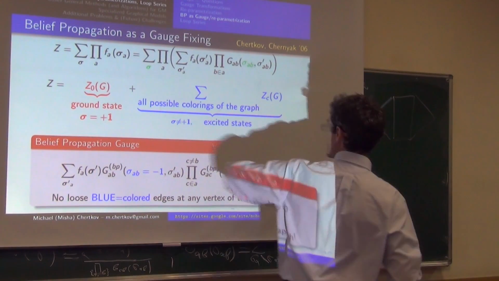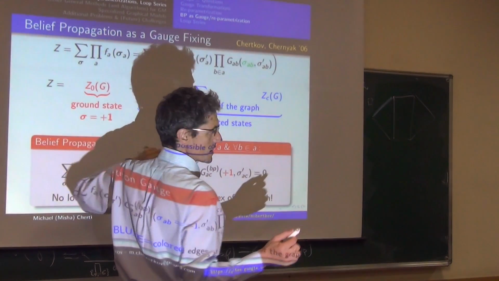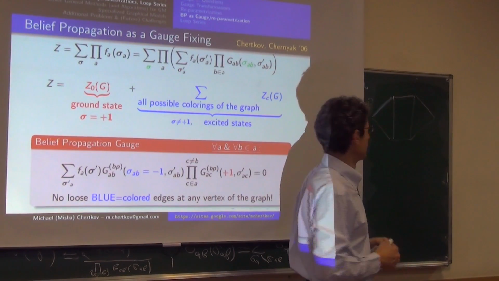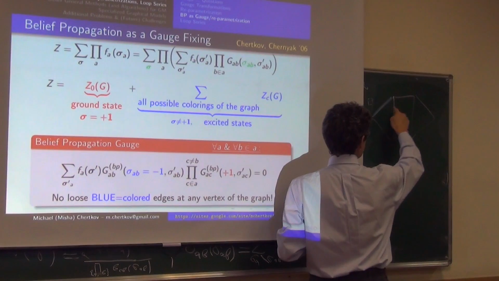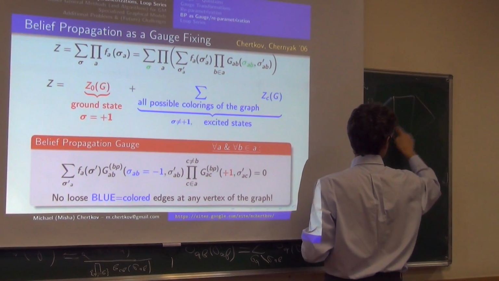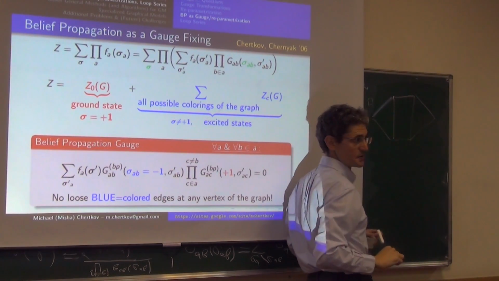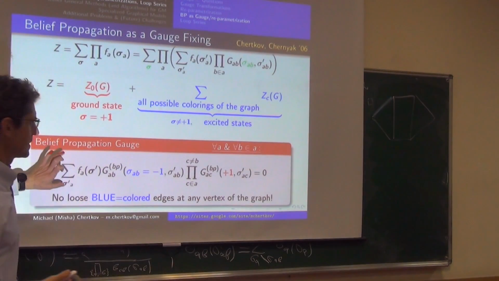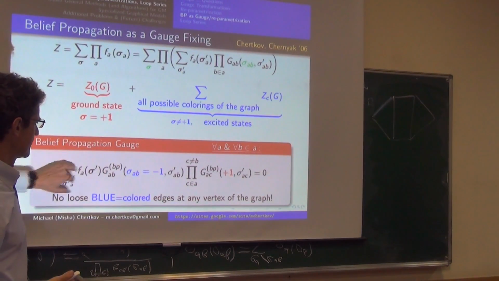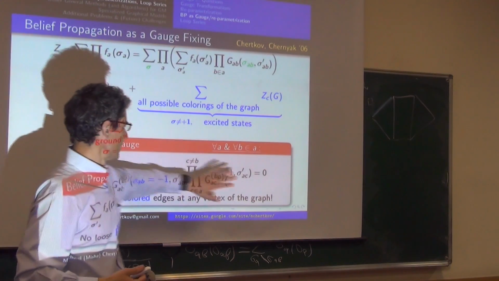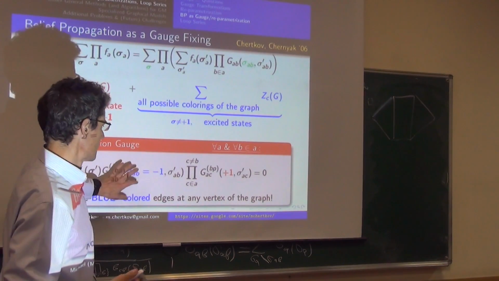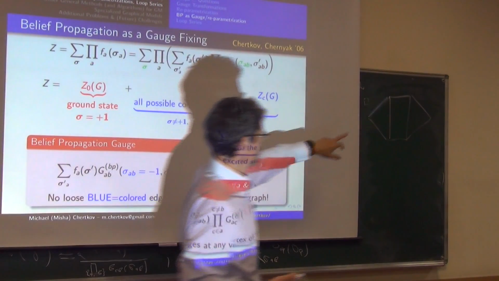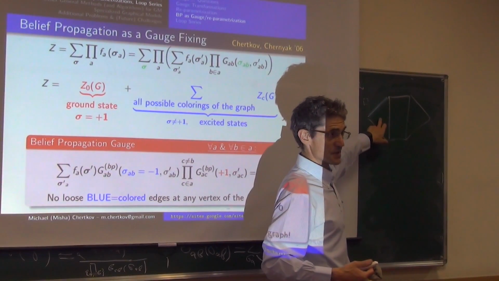And there is one term which I pull aside, which is not colored, right? And then there will be, for example, this term, when I have +1s at all edges but this one edge. And if I can force all local terms of this format to be equal to 0, it means that this contribution will certainly be 0.